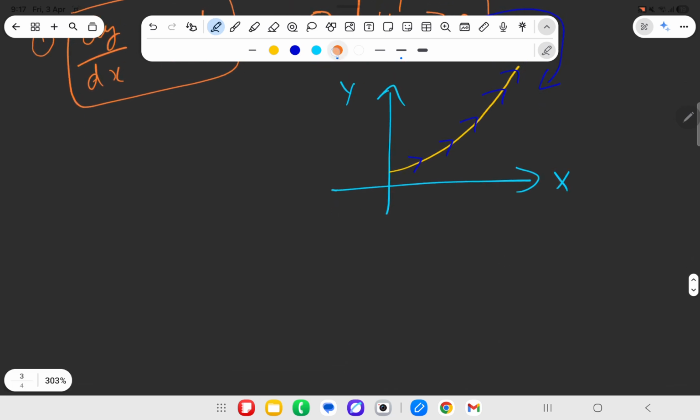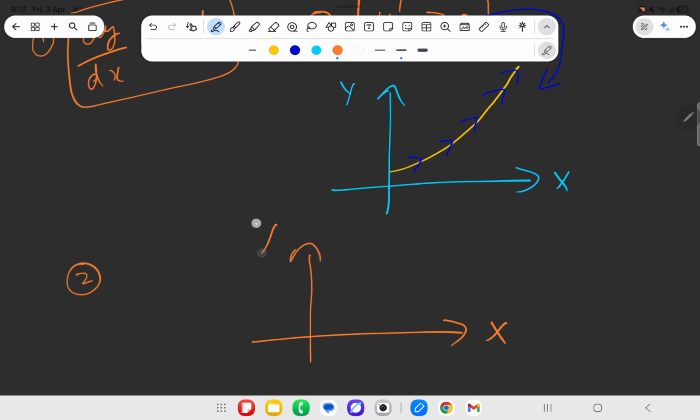So second case is, when our graph is suppose like that. Now this graph is clearly, if I'm going from left hand side to right hand side, going to be decreasing.